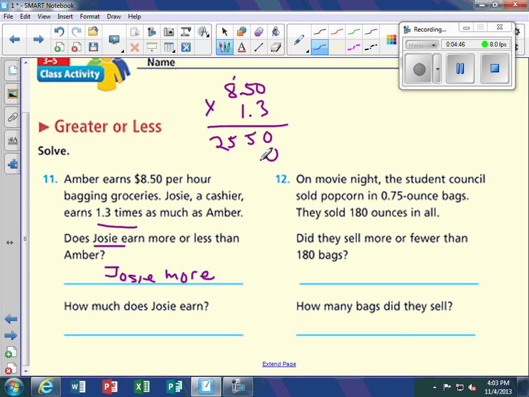Move over one place, 0, 5, and 8. And then add, 5, 0, 10, and 11, 1, 2, and 3, so $11.05.